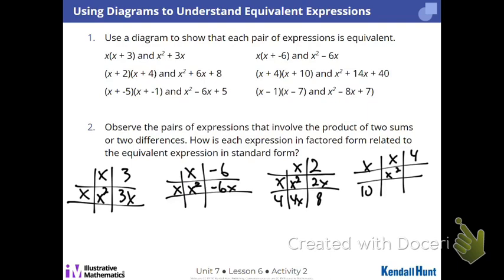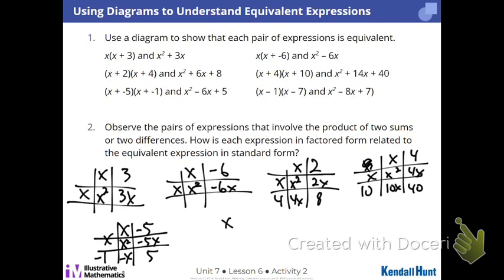X squared, 10x, 40, and 4x. This x is supposed to be right there. 2 more. X plus, oh, that's a negative 5. X negative 5, x and negative 1. X squared, negative 5x, negative x, and 5.